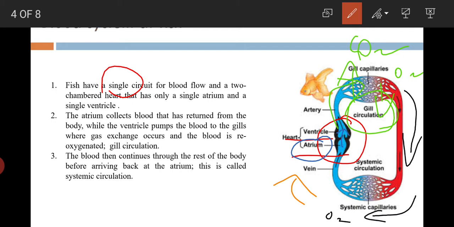The fish have a single circulation, which means that the blood flows once through the heart. The circulation starts in the heart, then goes to the gills, where gas exchange happens and the blood becomes oxygenated, then goes to the whole body, and from the whole body it returns to the heart.